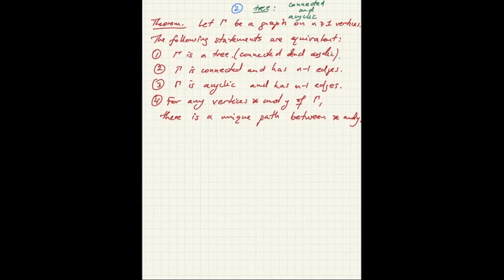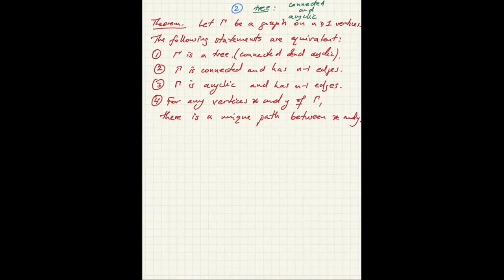The second and the third parts take one of these conditions and replace it by the number of edges. The second part is gamma is connected and has n minus 1 edges, so you replace the acyclicity with this condition. And similarly, for 3, you replace the connectivity by the condition that gamma has n minus 1 edges.